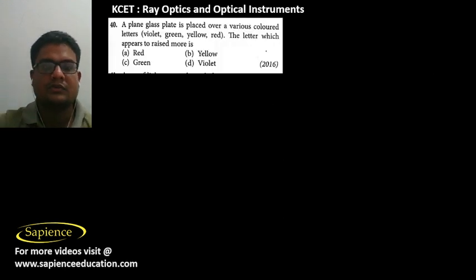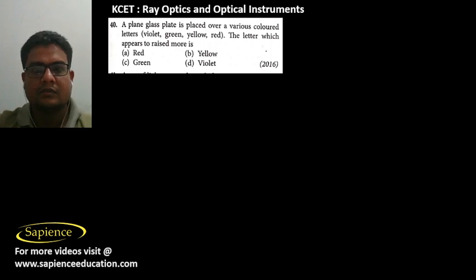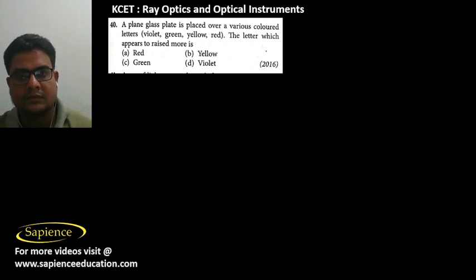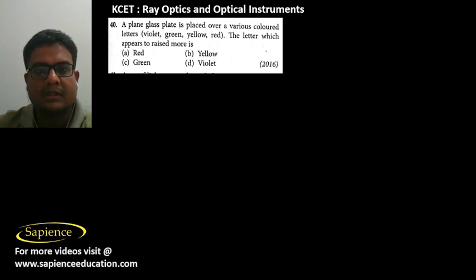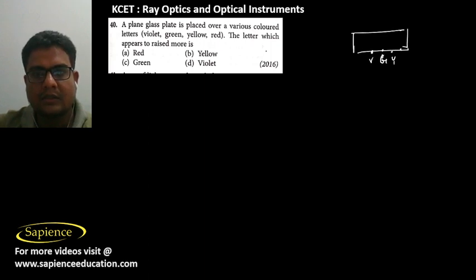In question number 40, it is told a plain glass plate is placed over various colored letters, which are violet, green, yellow and red.